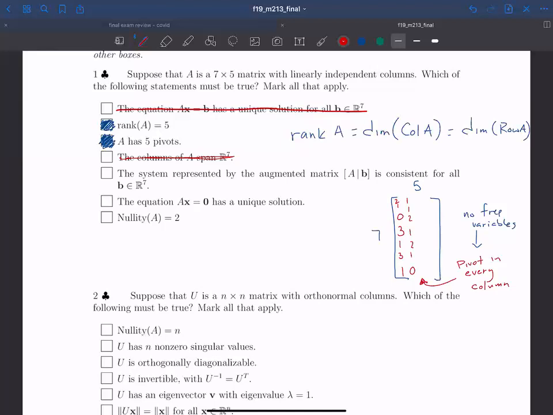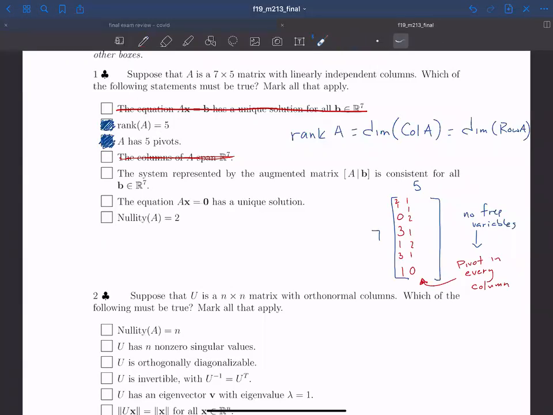We typically wouldn't say it spans R5 because those vectors aren't vectors in R5. Keep the picture you have in your mind: it is a 5-dimensional thing and it looks like R5, but it just happens to live inside of R7. So your intuition is right, and keep that intuition going.